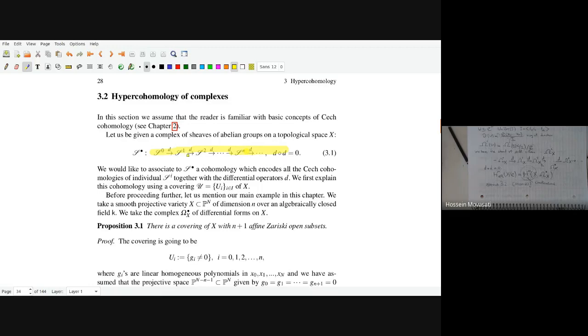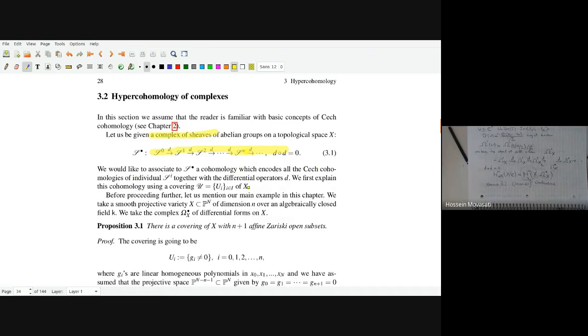We just need sheaves of abelian groups S0, S1, and the differential, where what we need is just d composed with d equals 0. This is needed in the definition of a complex of sheaves. Even though I define hypercohomology in this general context, maybe keep in mind our main example.